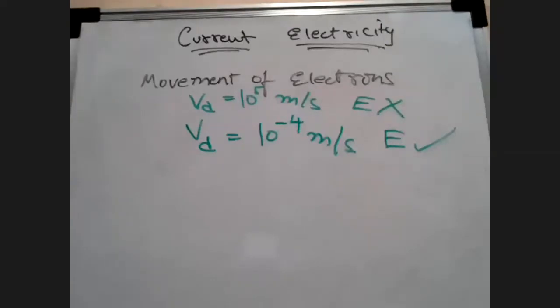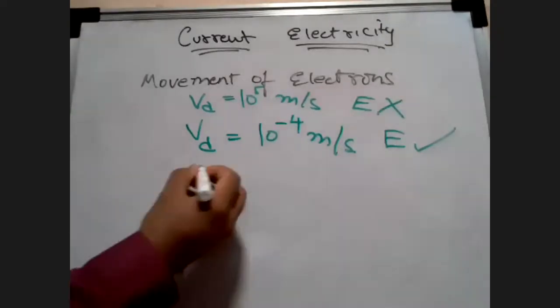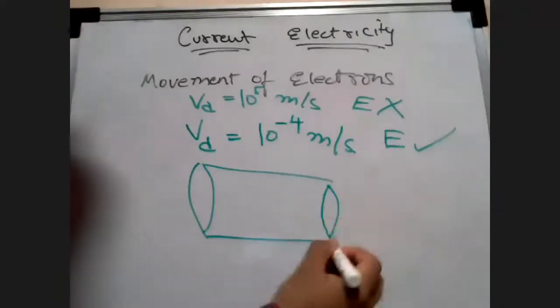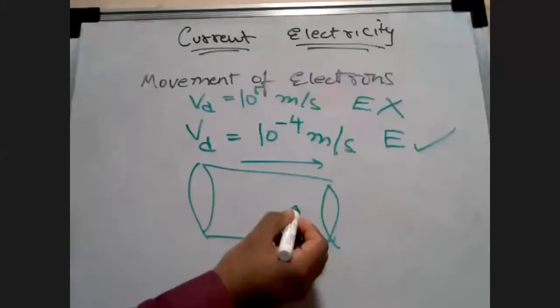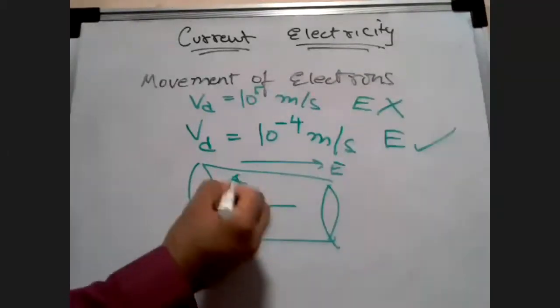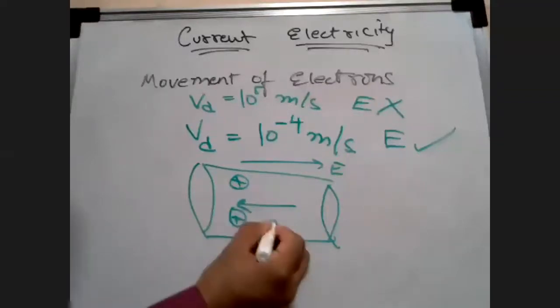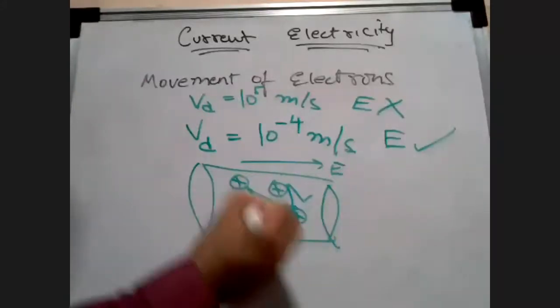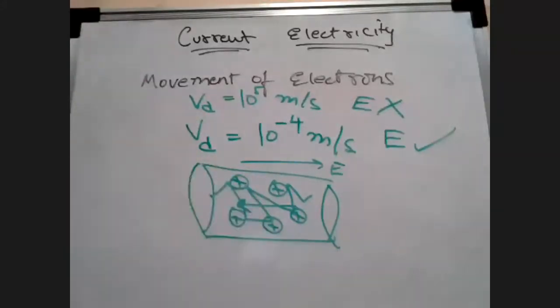Electrons will shift opposite to the field. If you take this conductor and apply electric field in this direction, electrons will flow in the opposite direction. Of course, collisions will not stop. The collisions the electron goes through, that is the zigzag path of the electron, will always remain.